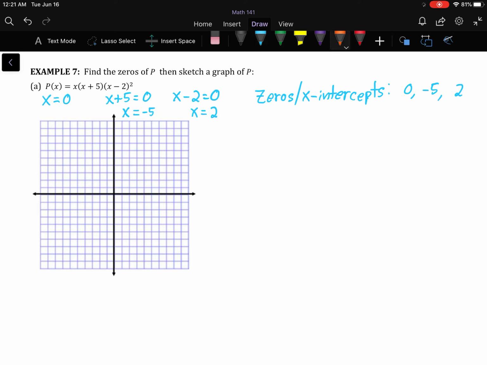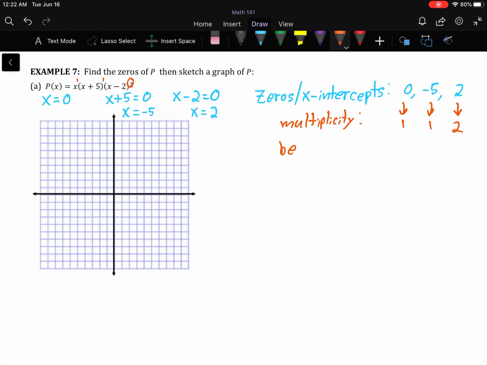Looking at these in the equation, we saw that the first two had multiplicities of 1, and the last one had a multiplicity of 2. So we will write multiplicity 1 for the first two, and the last one had a multiplicity of 2.